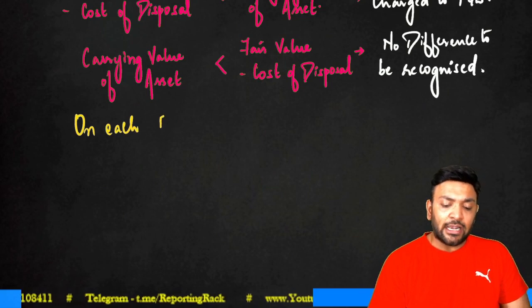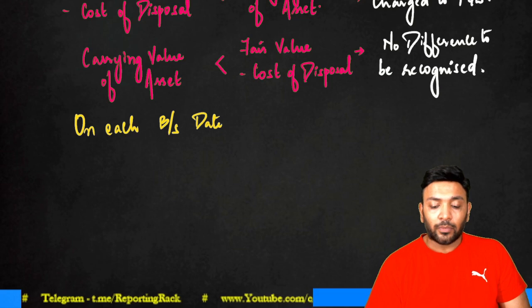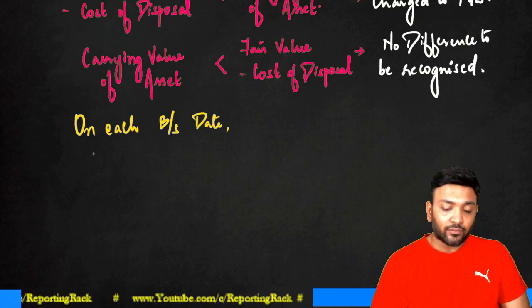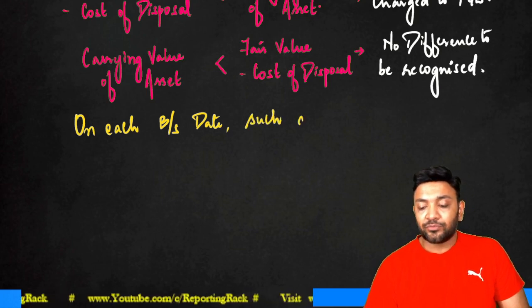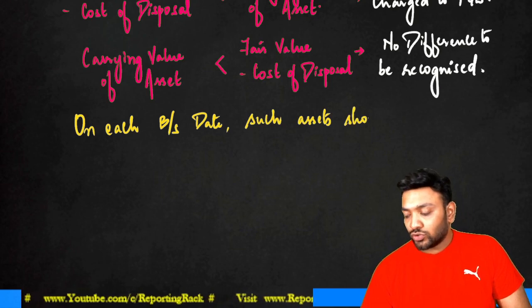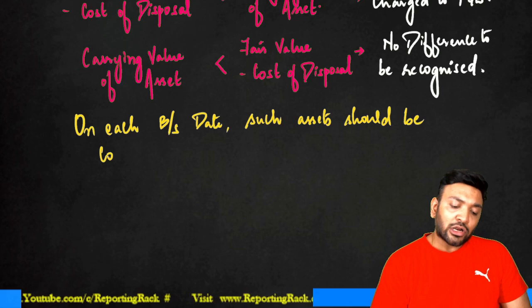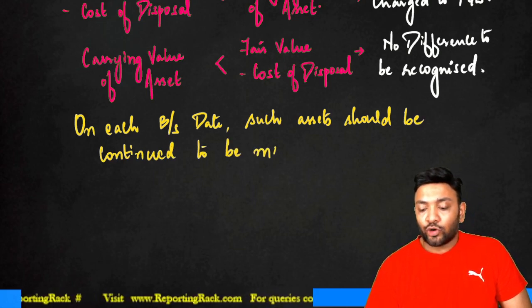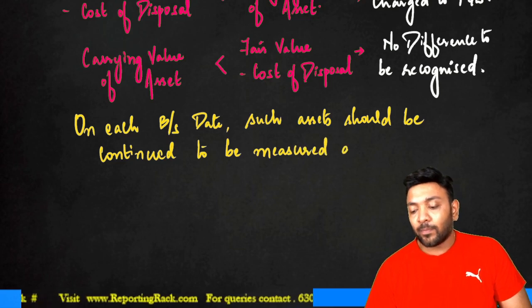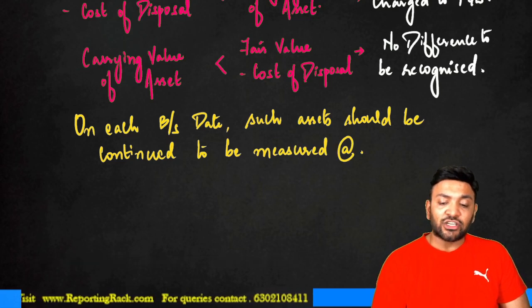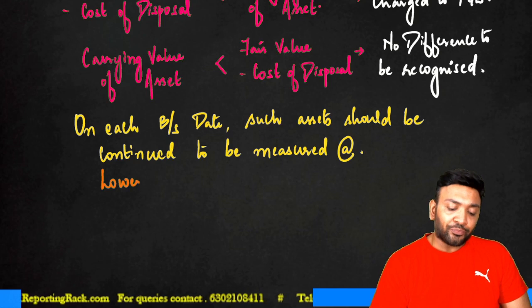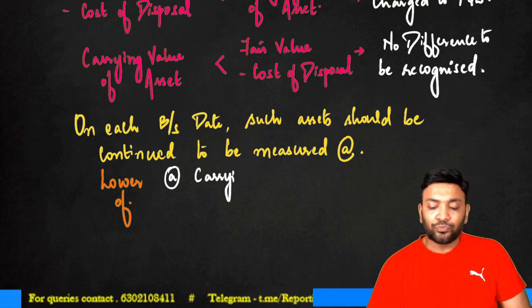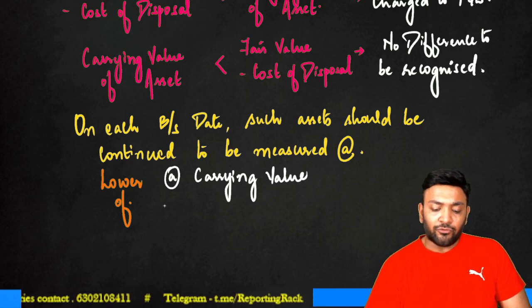On each balance sheet date, such assets should continue to be measured at the lower of carrying value or fair value less cost of disposal.